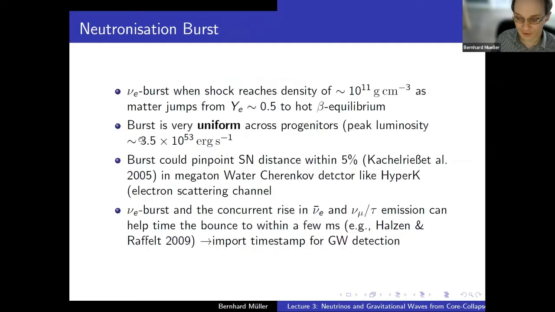So there is some potential for the burst to use it for pinpointing the distance and giving some absolute timestamp, but you might also learn some physics from it, both particle physics, something about the mass hierarchy, or about the progenitor structure.